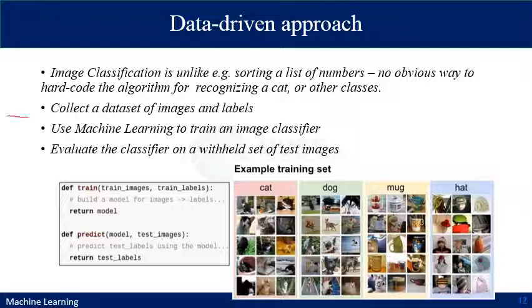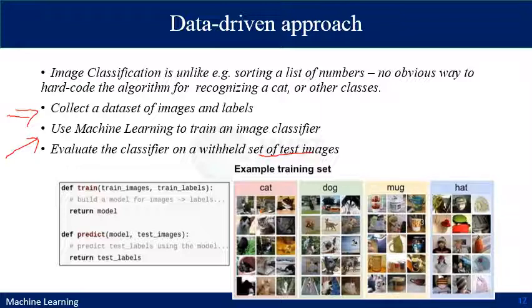Therefore, you will put the emphasis on the collection of a dataset of images and labels, and you will try to overcome all the challenges that we have discussed in the previous few slides. Then you use the machine learning algorithm to train an image classifier on that data, and then evaluate the classifier with a withheld set of test images.